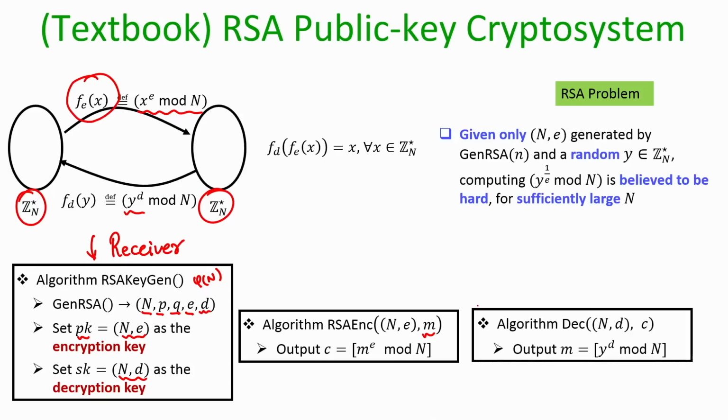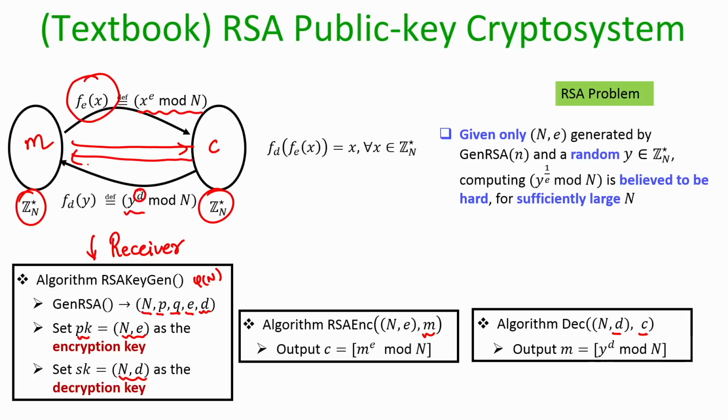And if there is a receiver who obtains the ciphertext c and who has the secret decryption key d, then to recover the message encrypted in c, he has to compute the inverse function for this c. The inverse function is computable if d is available, and if d is available with the receiver, he can easily compute y to the power d modulo n and get back the message.